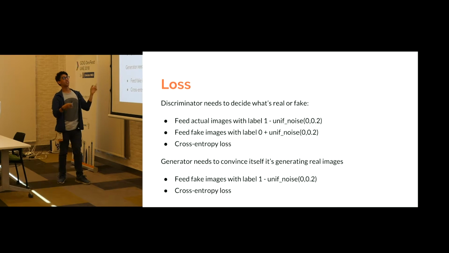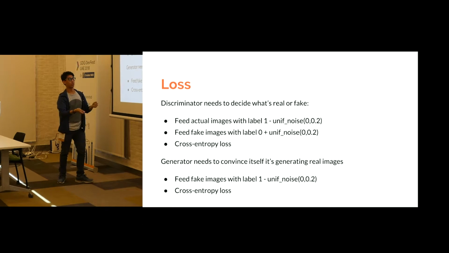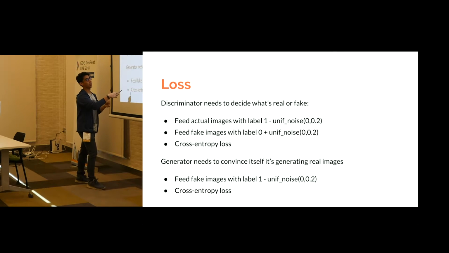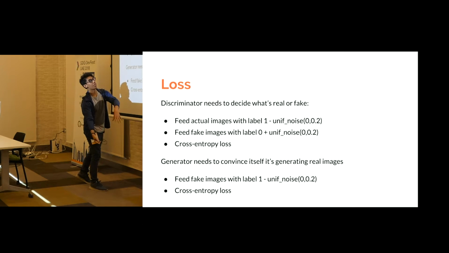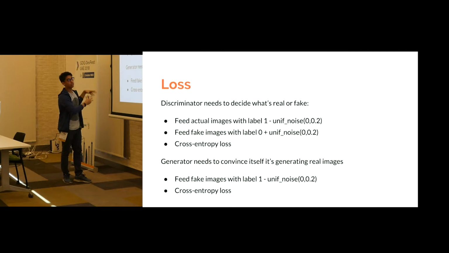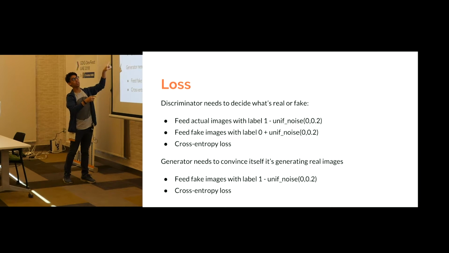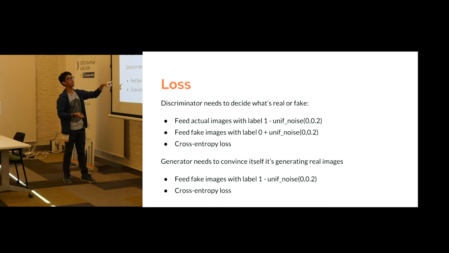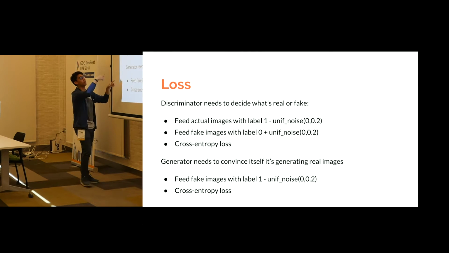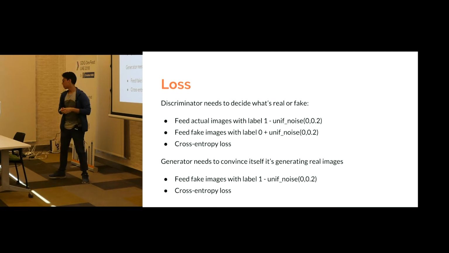The generator needs to convince itself it's generating real images, so we feed the discriminator fake images but with label 1, so the generator thinks that it's creating real images, and then we propagate the error through the discriminator and into the generator. So the discriminator only backprops from the output of the label 1 or 0 into the discriminator, but the generator has to go through the discriminator and into the generator, right?